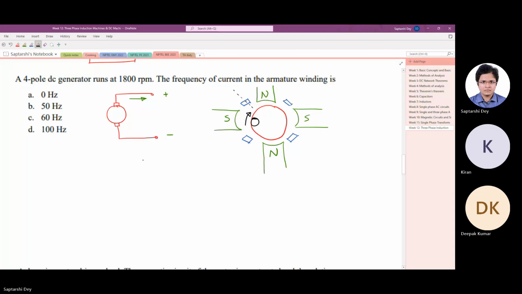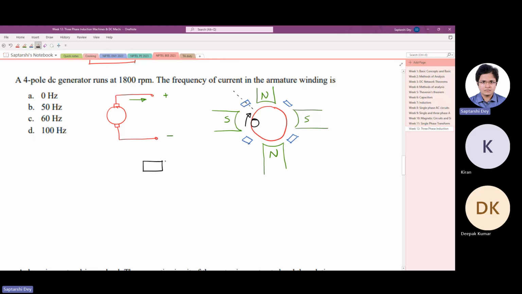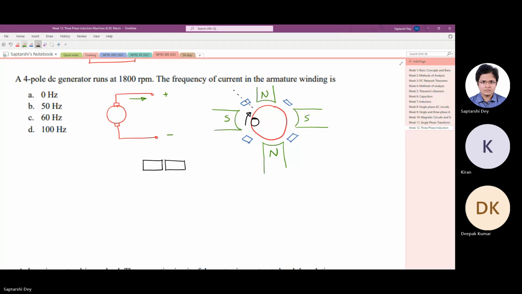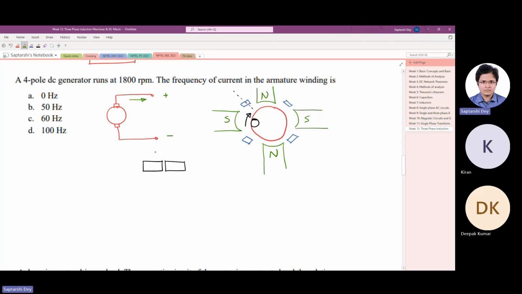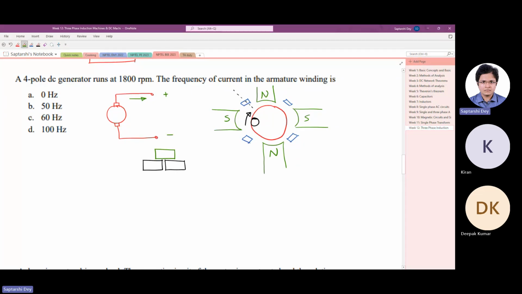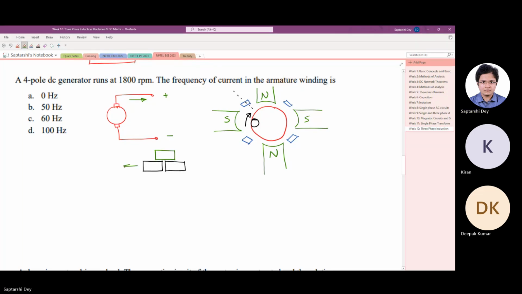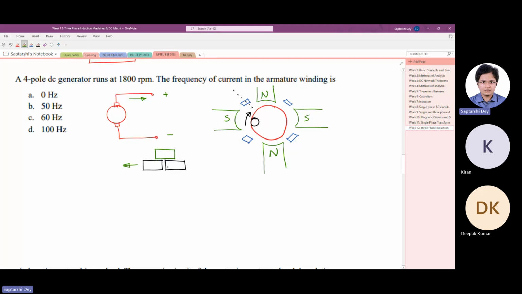If you see, this is one commutator segment, this is another commutator segment, and it is moving, and here is the brush. So the brush momentarily short circuits the commutator, and then this one is moving and then moves to the other commutator segment.